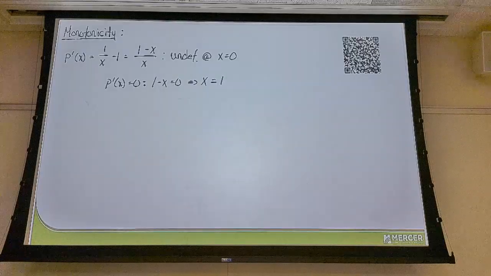Do we have interior points? Yes. Which ones? At 1. I can ignore that 0 because it's not an interior point.